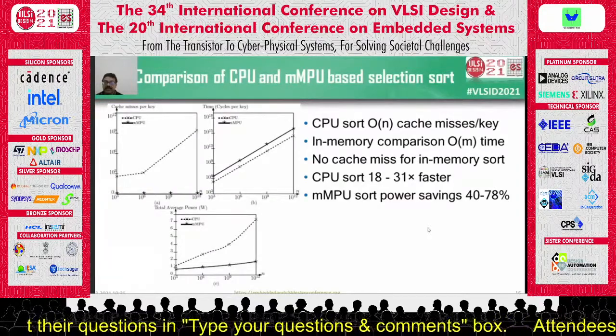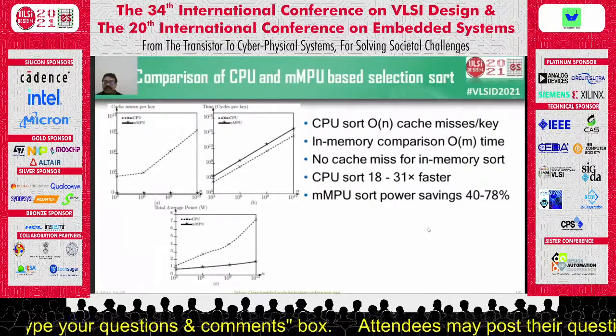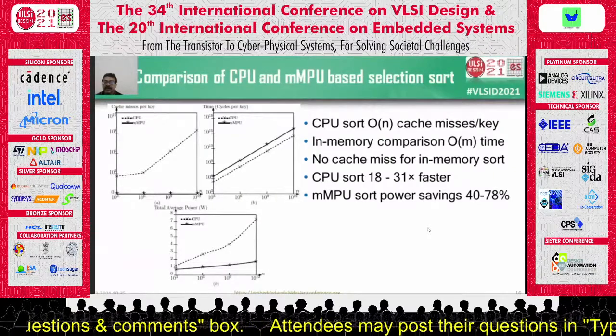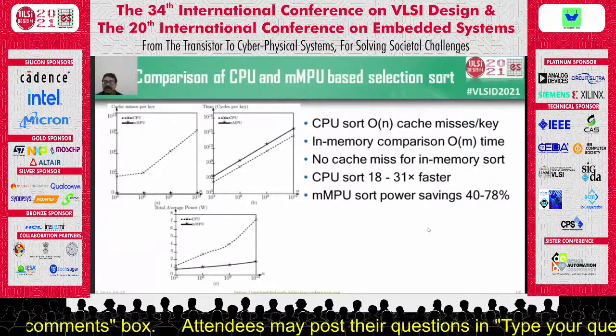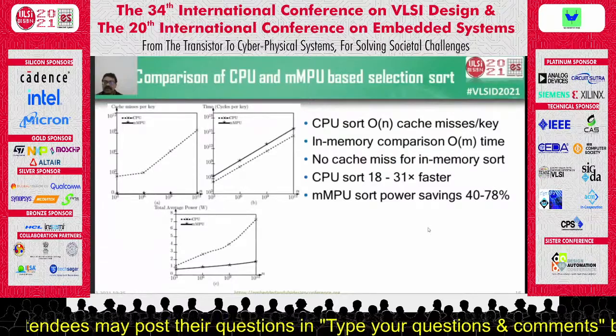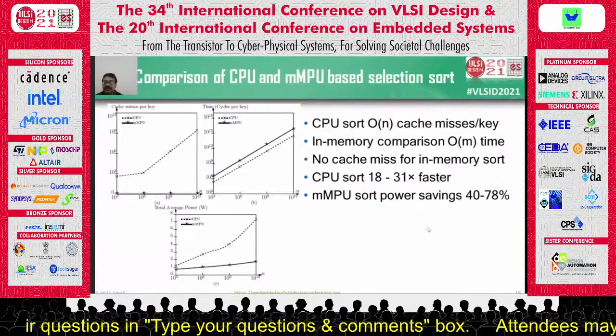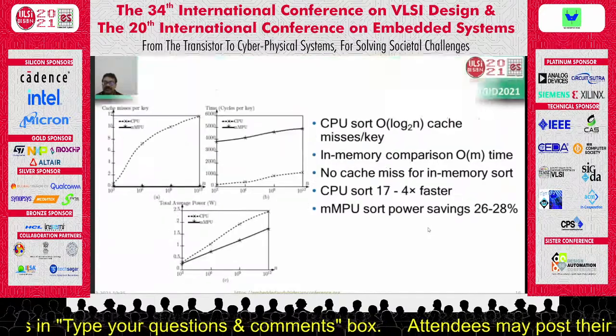For the selection sort, the in-memory sorting suffers a loss of performance due to the order of m-squared comparison operations. The CPU-based sort is 18 to 31 times faster, while the MMPU-based sorting algorithm achieves a power saving from 40 to 78%.